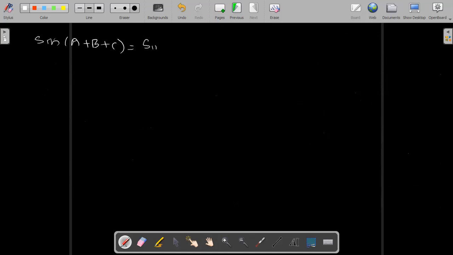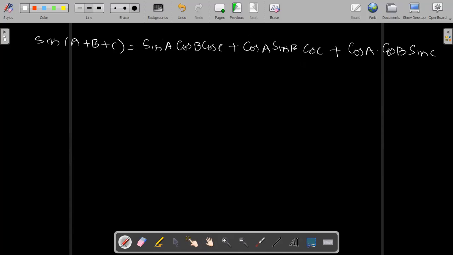First you will write sin A cos B cos C, then plus cos A sin B cos C, then cos A cos B sin C. These all are in plus.